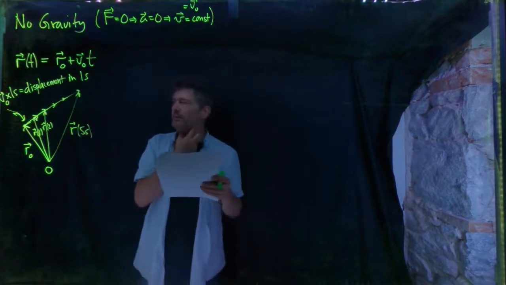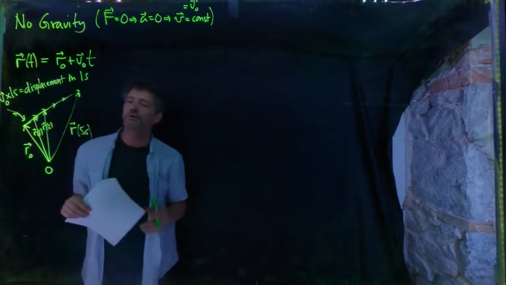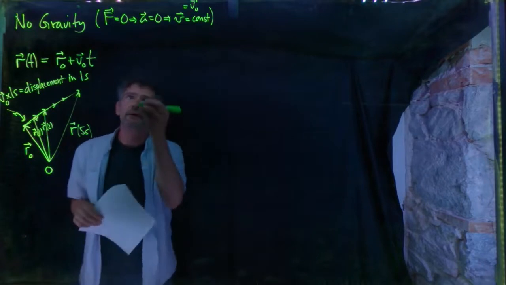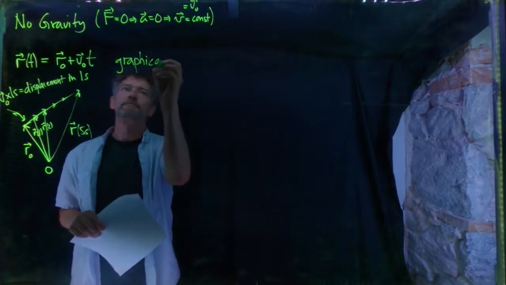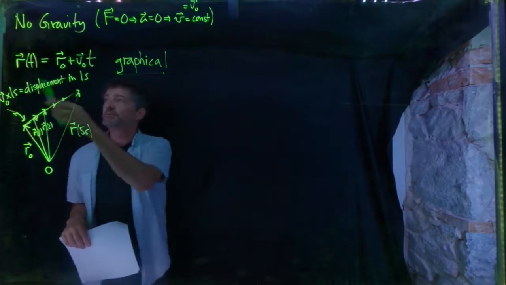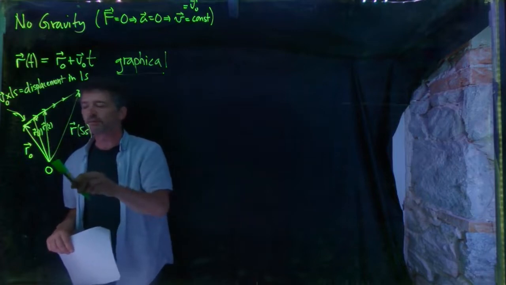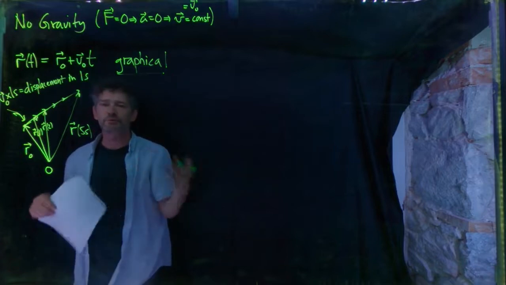And so we can look at this kinematical equation in 2 ways. We can look at it graphically. That's the way we've been doing it so far. So the graphical analysis will say the position at any time t is a sum of 2 vectors. You always start with that initial vector r0, and then you add the displacement after a certain amount of time.